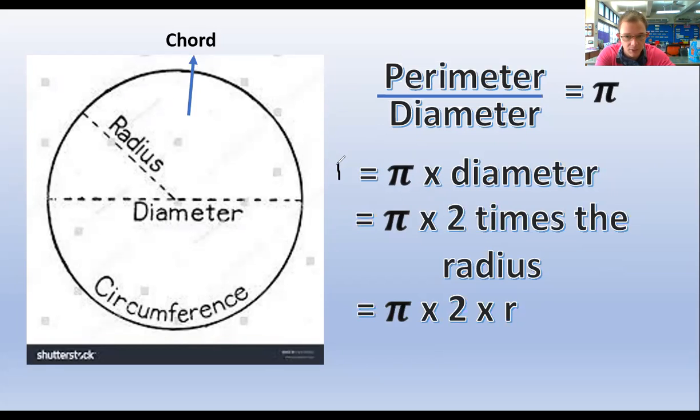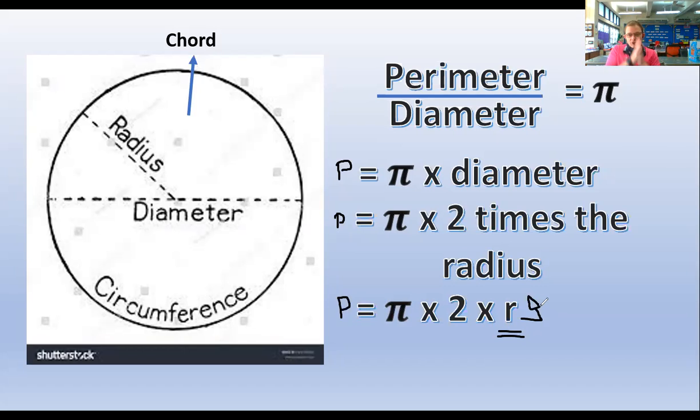The perimeter will equal pi times diameter, or the perimeter will equal pi times 2 times the radius. And that gives us our final formula, which is pi times 2 times r, or 2 times pi times r. Remember, the small r refers to the radius. Important to understand the formulas.